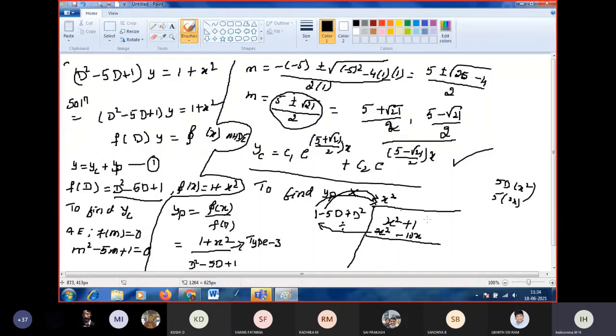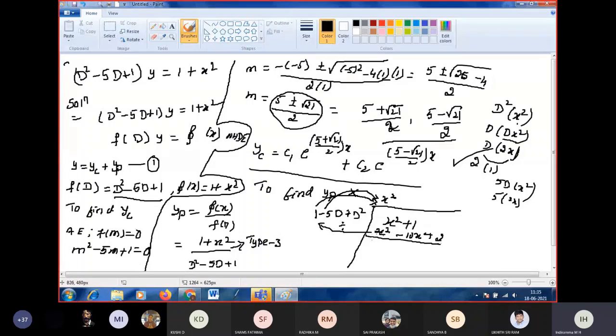Next, plus into plus, plus D square of x square. First you write D square as D into D. D into D of x square. What is the differentiation of x square? 2x. Now keep 2 outside. What's the differentiation of x? 1. So D square of x square is 2. So plus 2.